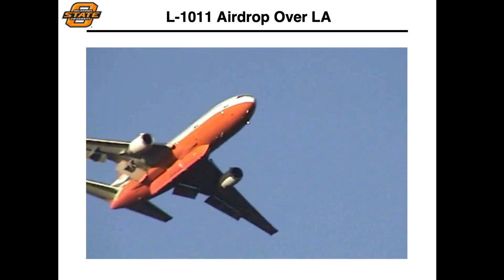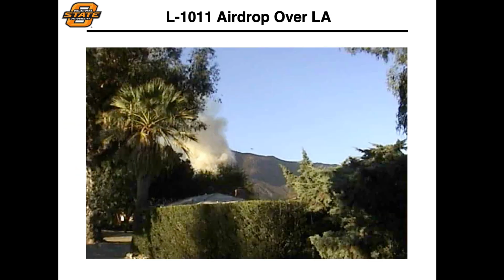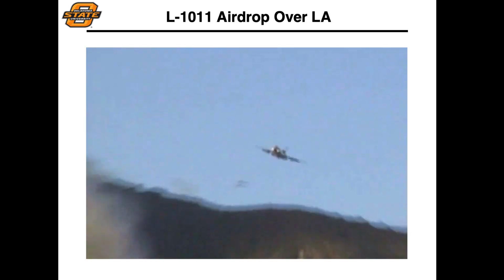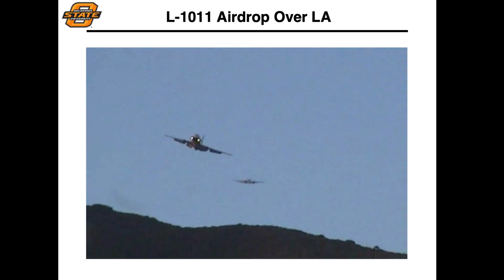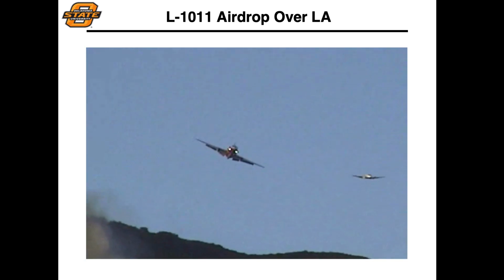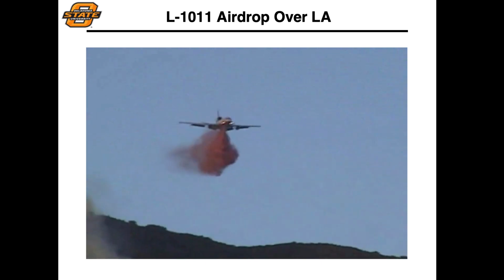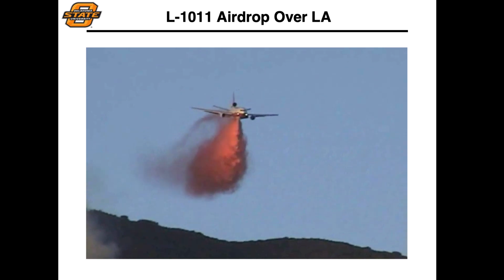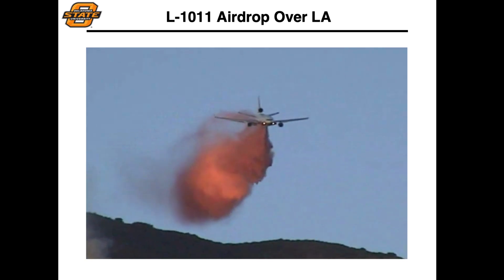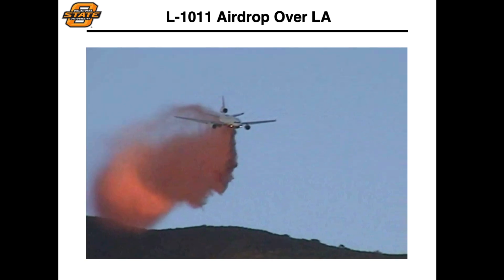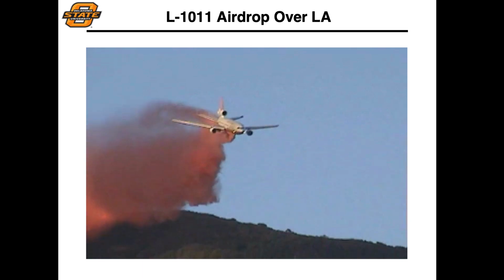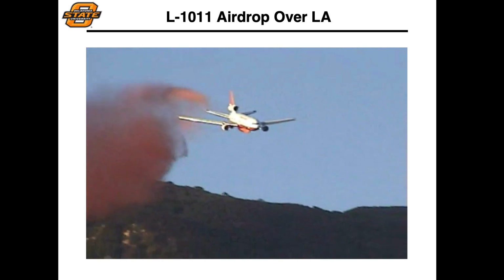And so you'll notice that as this aircraft is maneuvering, watch how the aircraft starts to dive as it's deploying its payload. Really what it's doing here is changing its attitude, because as it's deploying its payload, the dynamic load on the aircraft is changing. The aircraft is getting lighter.